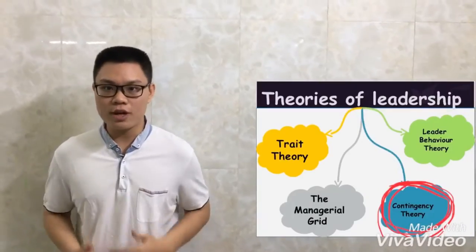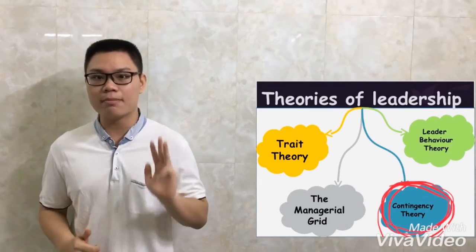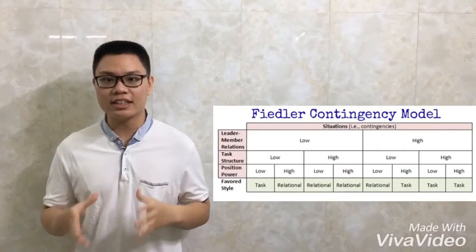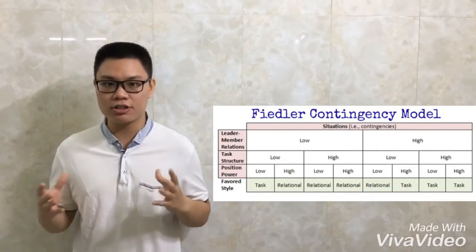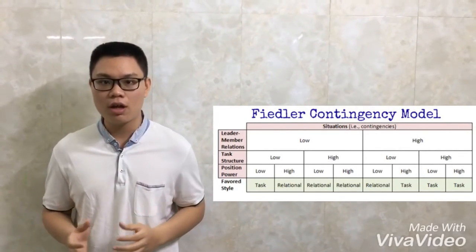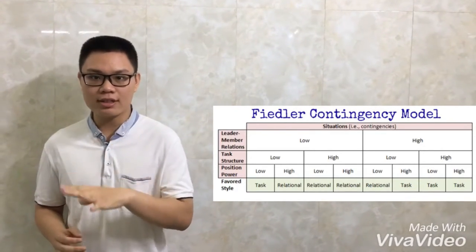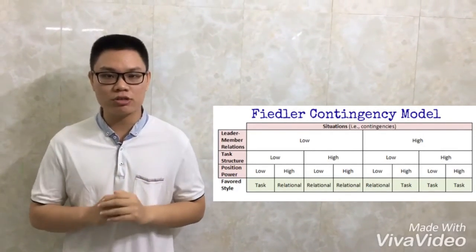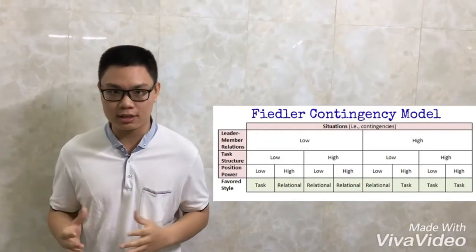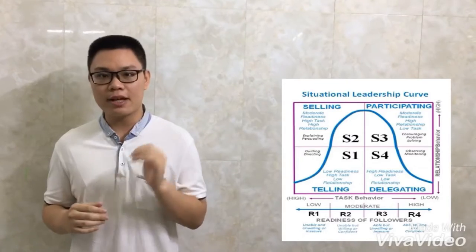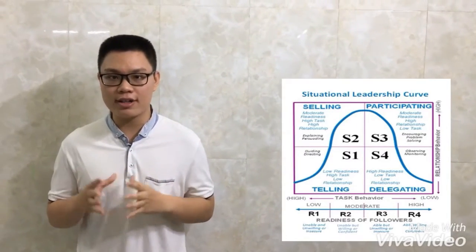In the first session, we examined three contingency models. Initially, Fiedler's contingency model recognized the best style to use in a particular situation, and Fiedler measured leader behavior, whether relationship-oriented or task-oriented, by using the least-preferred coworker questionnaire. Another theory, Hersey and Blanchard's, focuses on follower readiness.